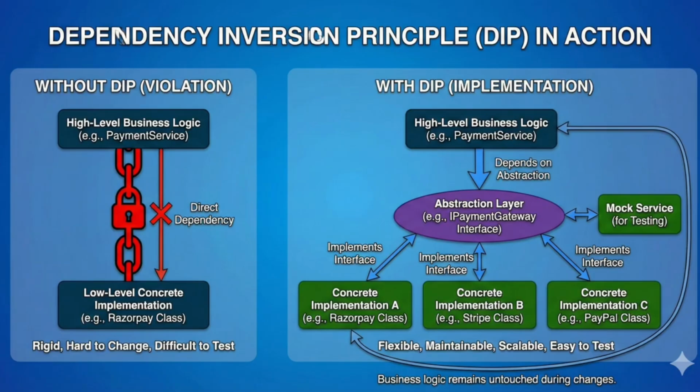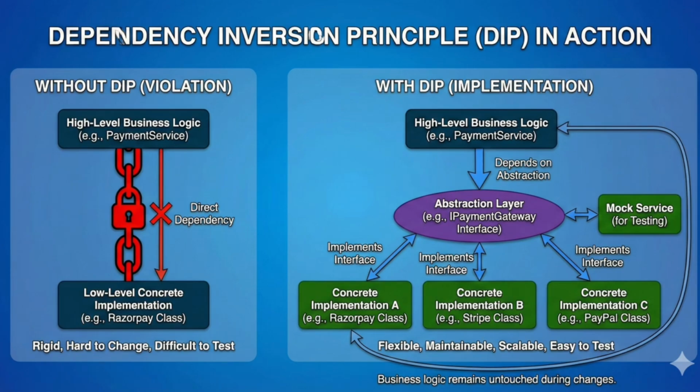We say, I need flying behavior, I need swimming behavior, or I need walking behavior. High-level modules depend on these behavior abstractions, and different objects simply implement them as needed. This mindset keeps your system stable even when implementations change.